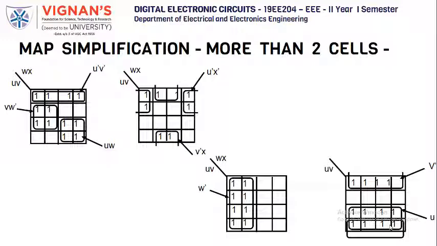So like that, by combining 2 adjacent cells, or 4, or 8, or 16 adjacent cells together, we can merge them into a single cell and simplification will be done. These will all be seen with more examples in coming lectures.